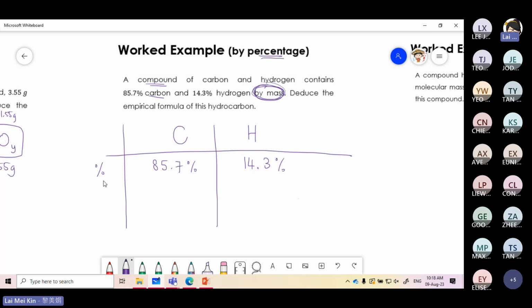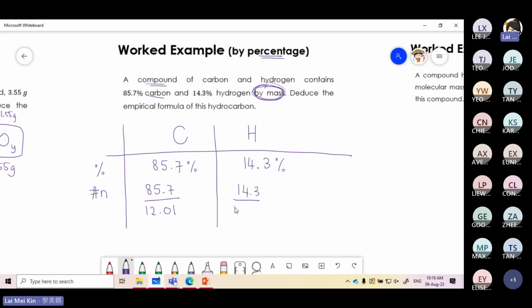So yes, we can assume it as the mass and calculate the number of moles from this percentage, as if it is the mass. It symbolizes the mass. So 85.7 divided by 12.01.